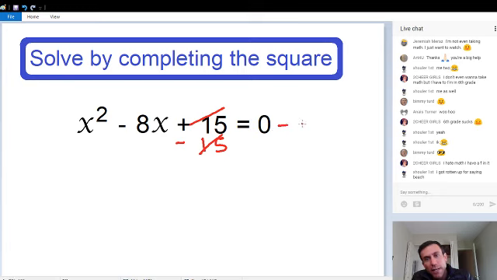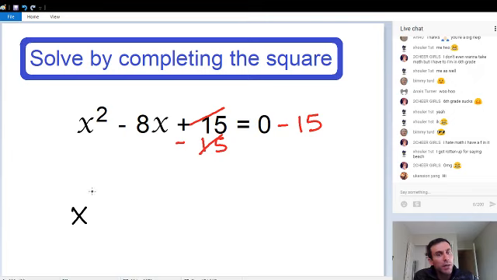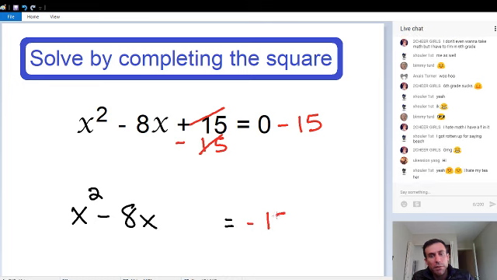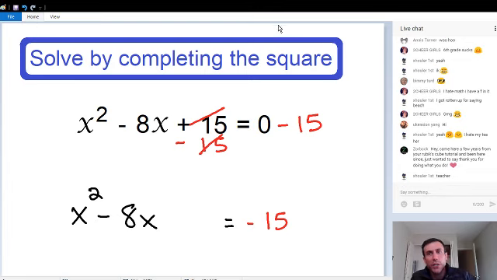So we have to subtract the right side by 15 as well. All right. So now on the left-hand side of the equation, we just have x squared minus 8x. And on the right side, we just have 0 minus 15, which is just equal to negative 15. All right, so we completed step number 2. We got rid of the constant and we brought it to the right-hand side of the equation.